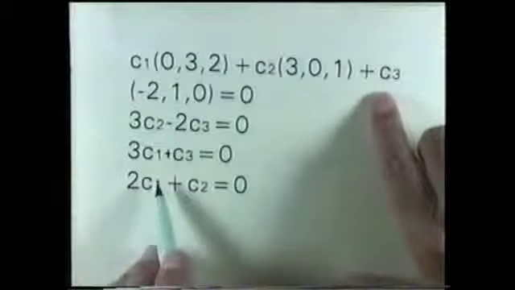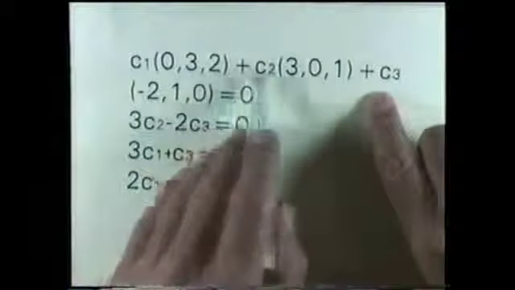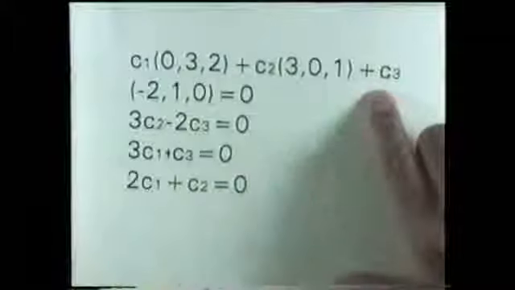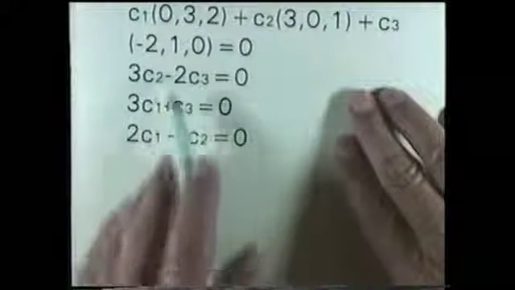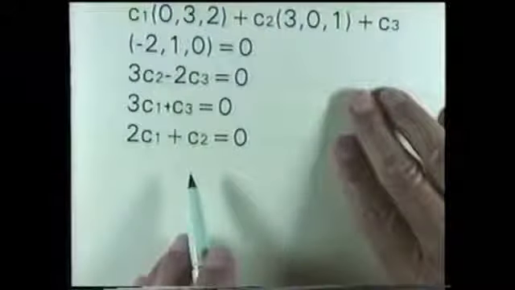This would be 2C1 plus C2 is equal to 0. So what I need to do is to show that I can find at least one non-zero solution.